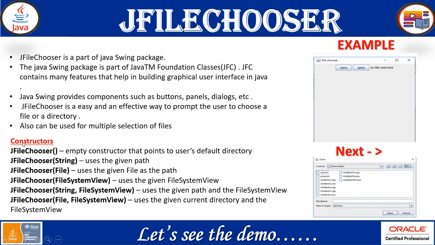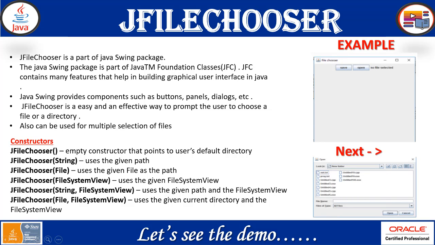So there are constructors that you can use. For example, the empty constructor points to the user's default directory. You can also give a specific path, for example, the local download directory, or go to the system path or any kind of current directory, that you can mention in the argument.